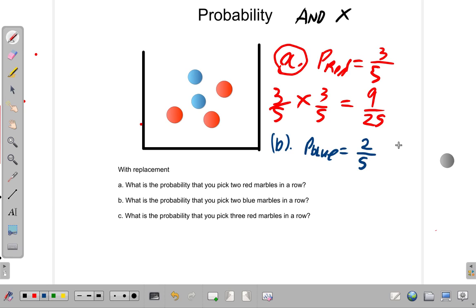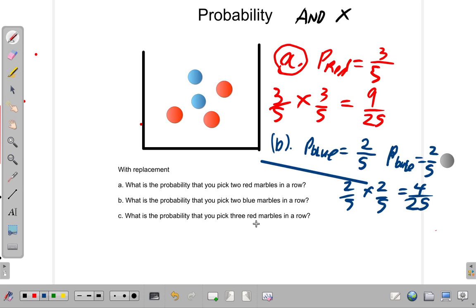On the second pick it's the same thing. The probability that you pick a blue marble is the same, 2/5. So the probability that you pick a blue and then another blue is 2/5 multiplied by 2/5. So it's 2 times 2 is 4, divided by 5 times 5 is 25. So you have 4/25. Alright?